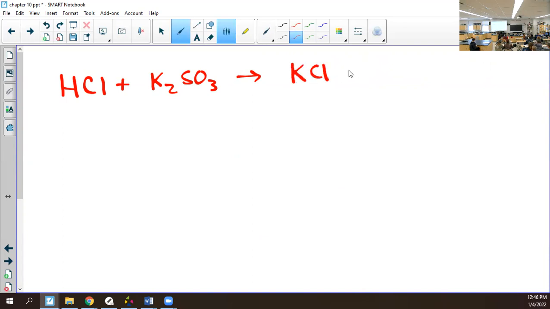It makes KCl, right? And this one's not as stinky, but it is stinky, but it's not the one that will kill you stinky. Hydrogen sulfide. Okay, so here's the equation.